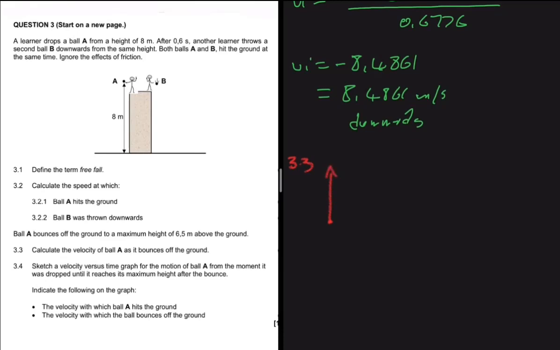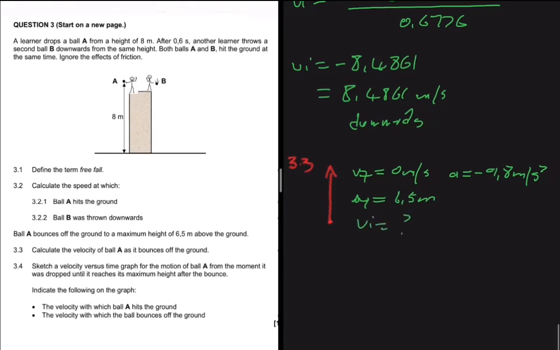So we know fully well that when it reaches its maximum height, we have VF equal to 0 meters per second, but we know that acceleration is still minus 9.8 meters per second squared. And now we have a delta y, which is equal to 6.5 meters. And what are we looking for? We're looking for VI, right?